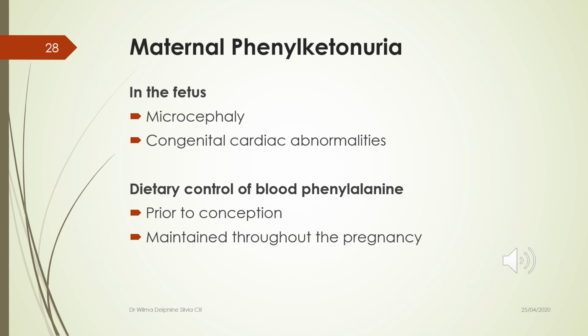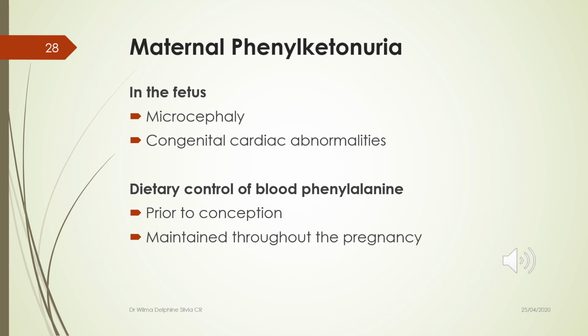Here we have additional information about phenylketonuria, that is maternal phenylketonuria. If women with phenylketonuria who are not on a low phenylalanine diet become pregnant, the offspring are affected with maternal phenylketonuria syndrome. In this case, high blood phenylalanine levels are seen in the mother, which leads to microcephaly and congenital heart abnormalities in the fetus because phenylalanine is a teratogen.